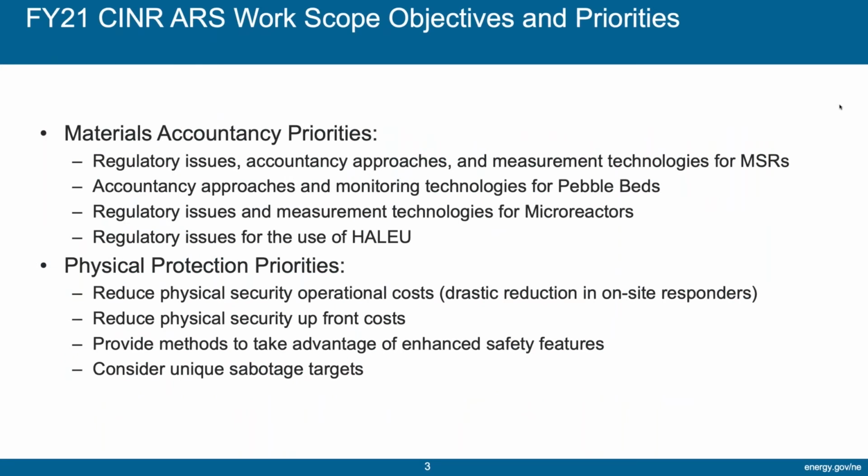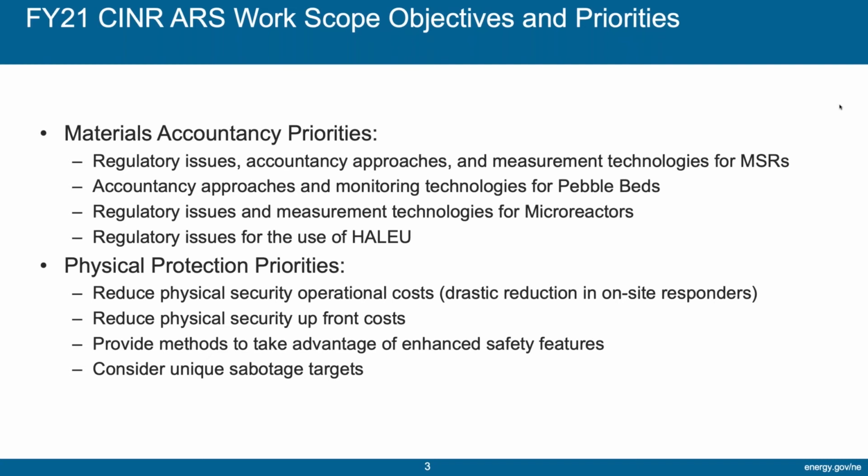Okay, I'd like to introduce some of the objectives and priorities. This ARS program has two main areas: material accountancy and physical protection. In terms of material accountancy, the advanced reactors have quite unique challenges due to the exotic fuel types, mainly molten salt and pebble bed, which are different from traditional reactors with discrete fuel assemblies.